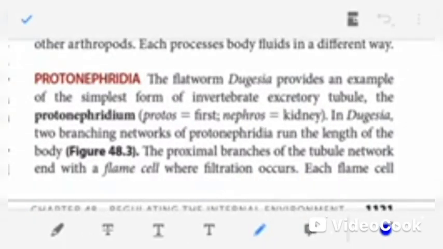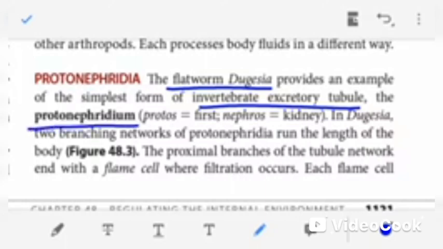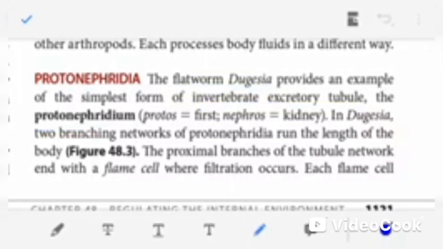Now, the flatworm Dugesia, also known as planaria, provides us an example of the simplest form of invertebrate excretory tubule, which is known as the protonephridium. In the body of Dugesia, two branching networks of protonephridia are present, and they run the entire length of the body.